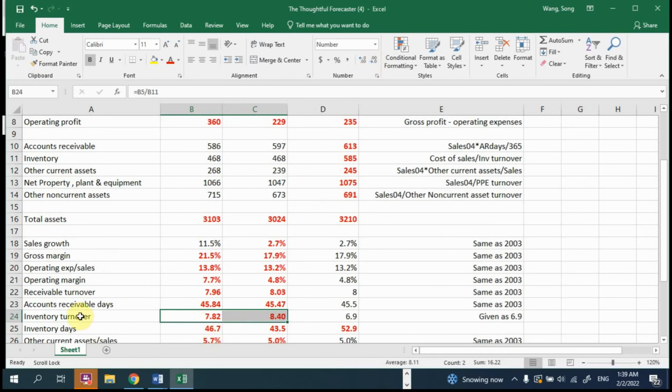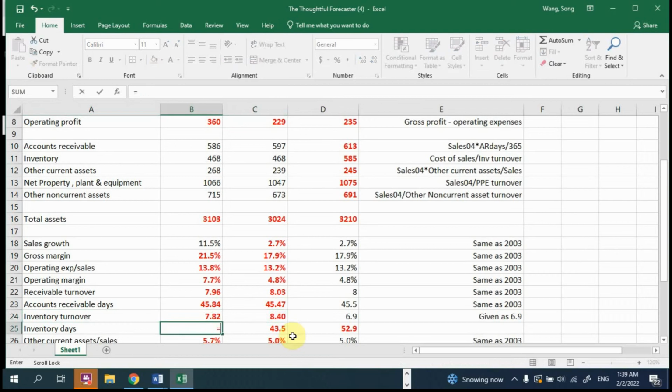So the inventory turnover ratio is about how many times your inventory gets filled in, used, filled in again, and used again. How many times does this process happen? On average, it's about 8 times in a year.